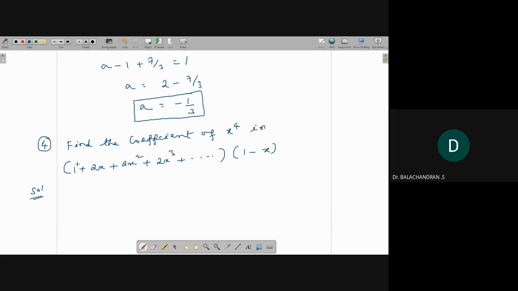Okay, so if I multiply these two, you'll get what? Please multiply and then tell what is the coefficient of x power 4.